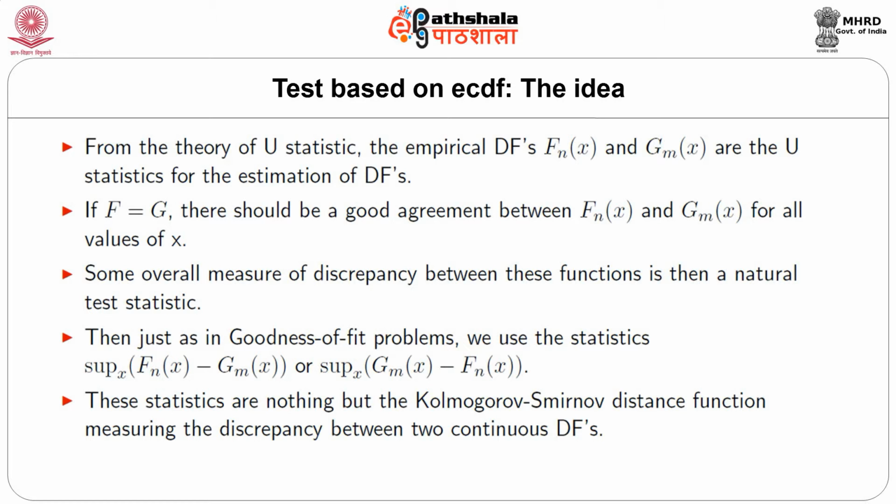Some overall measure of discrepancy between these functions is then a natural test statistic. Then, just as in goodness of fit problems, we use the statistics supremum over x of Fn(x) minus Gm(x), or supremum over x of Gm(x) minus Fn(x). These statistics are nothing but the Kolmogorov-Smirnov distance function measuring the discrepancy between two continuous distribution functions.